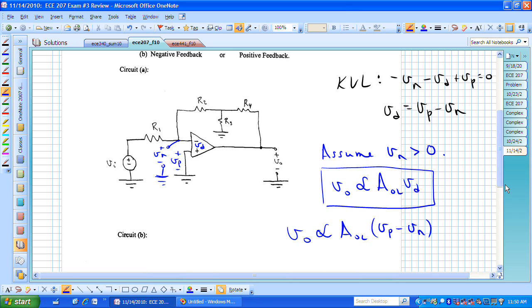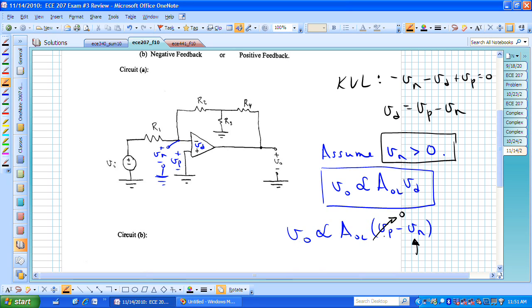We assumed that V sub n in this original statement was positive. If V sub n is positive, then it's actually going to cause V naught to move in a negative direction, or negative, because V sub p, remember, in this particular configuration was 0.